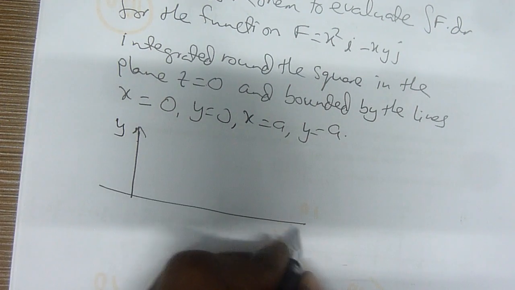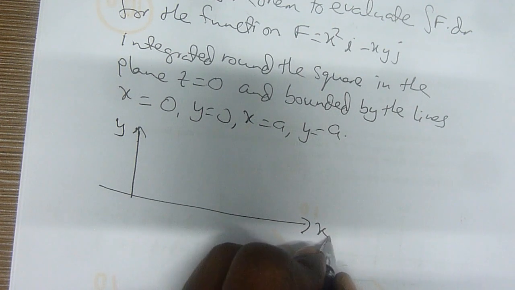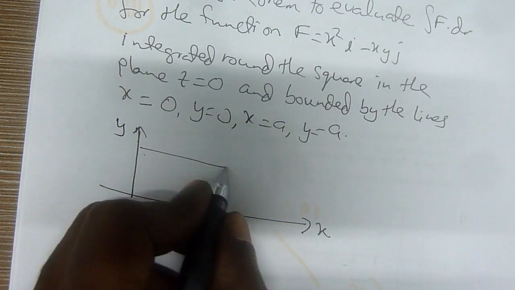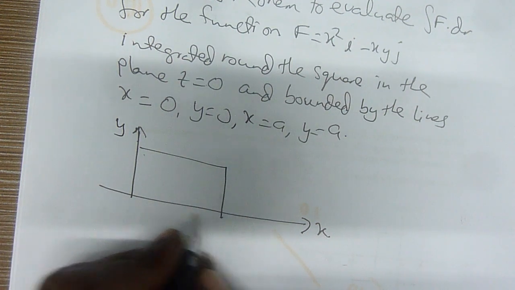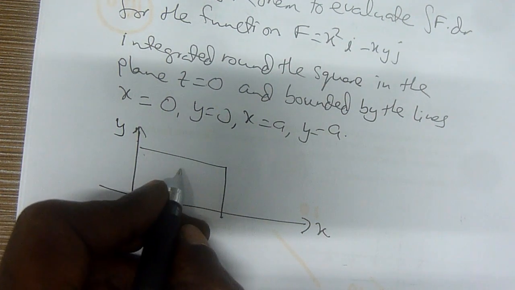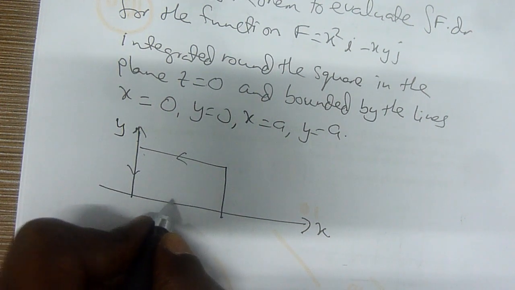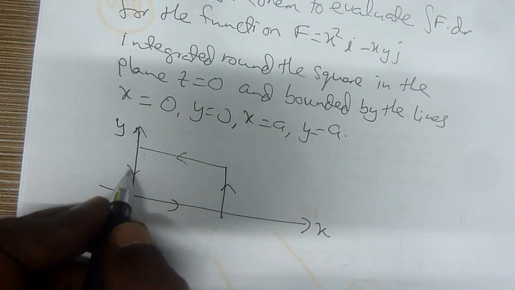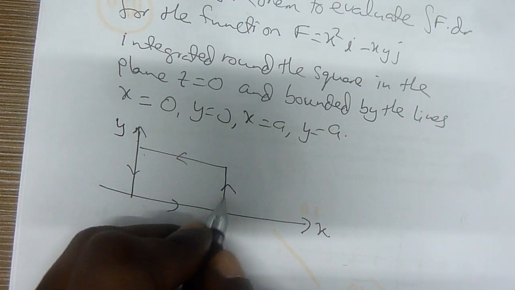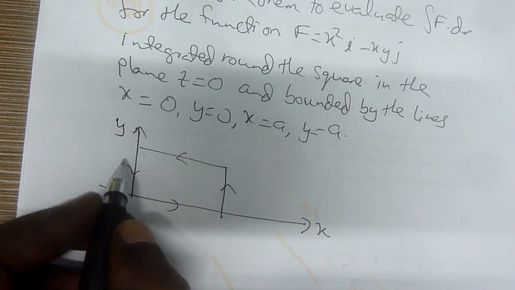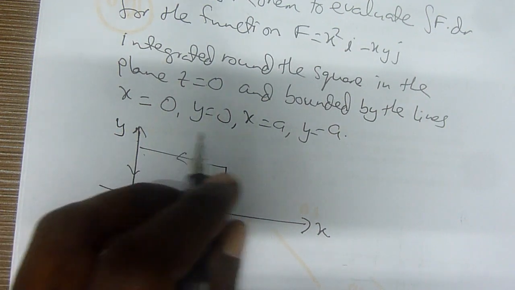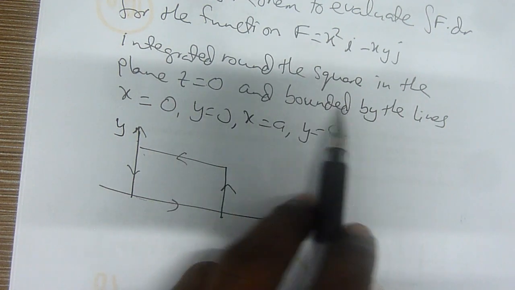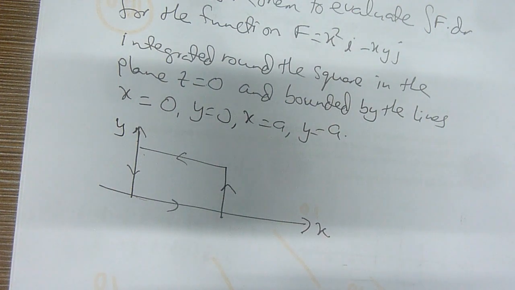When we sketch, did they mention anything about the plane? We know there is a solenoid running, but they didn't mention anywhere whether it's anti-clockwise or clockwise.